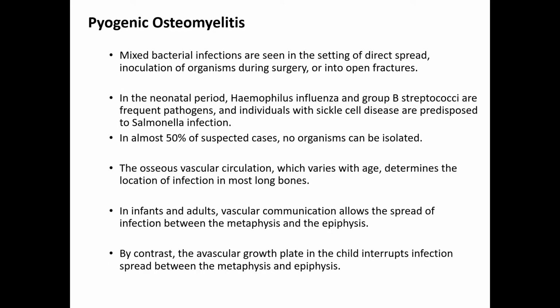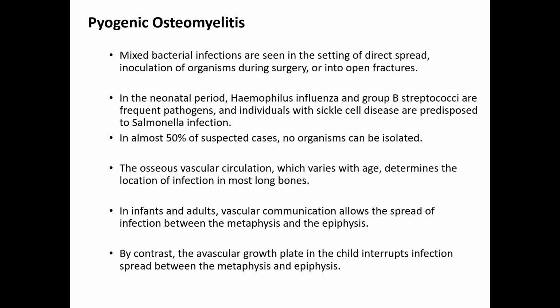Mixed bacterial infection is seen in the setting of direct spread or inoculation of organisms during surgery or into an open fracture. يعني ممكن يصير عندنا mixture of all of these إذا كان عندنا هاي three situation.